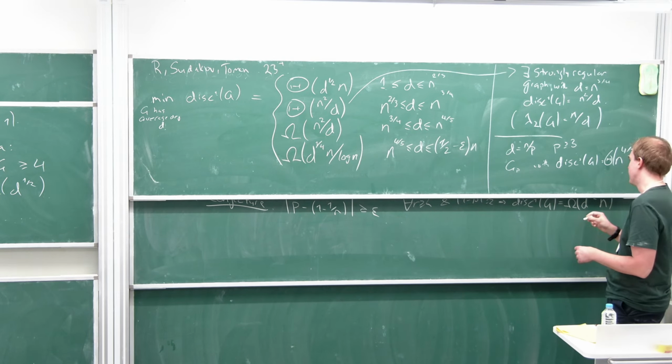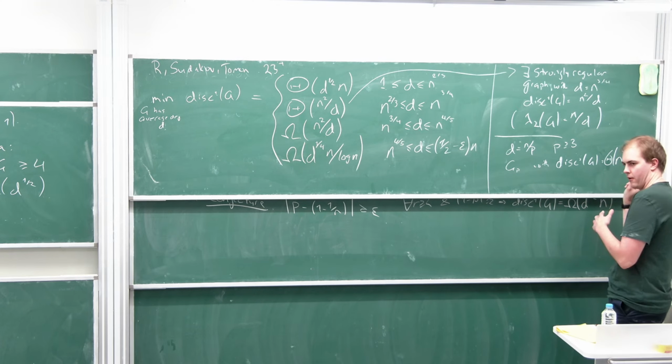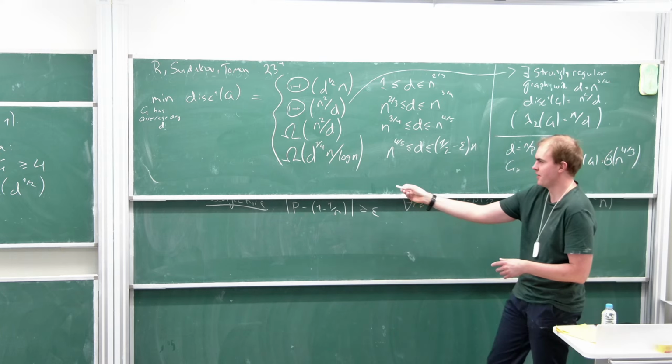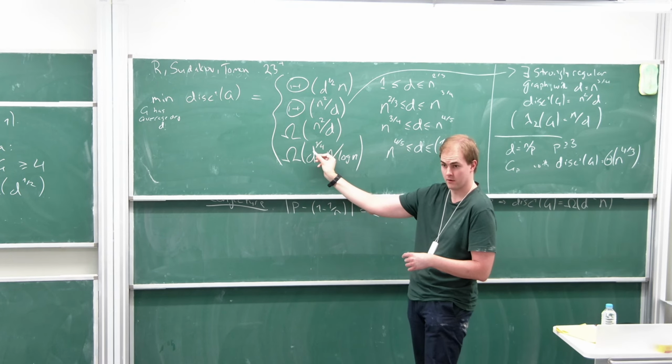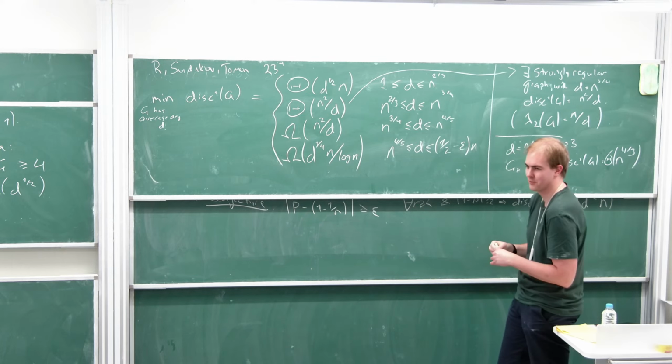And we believe that this is the correct answer for linear. We believe that here the exponent should be 1/3 rather than 1/4, and of course we believe that this log n term could be removed.